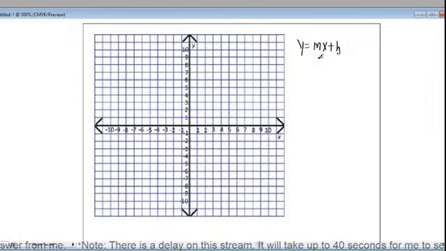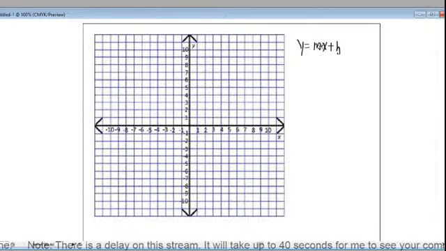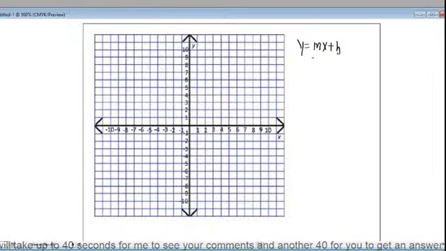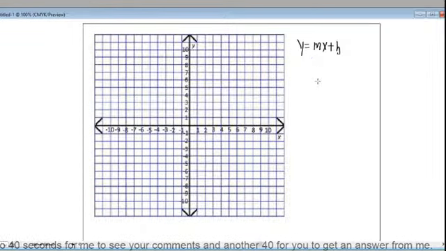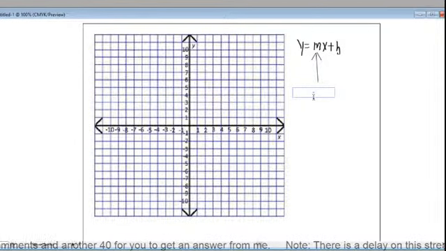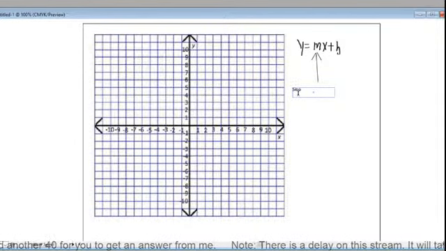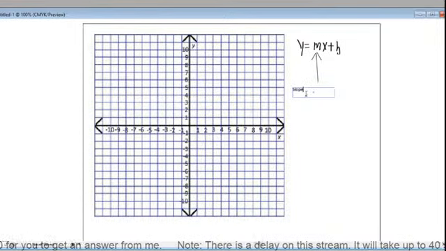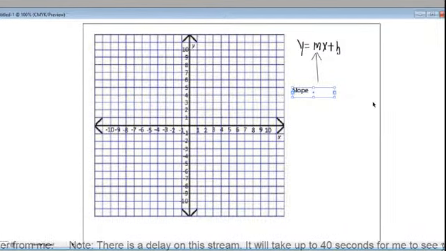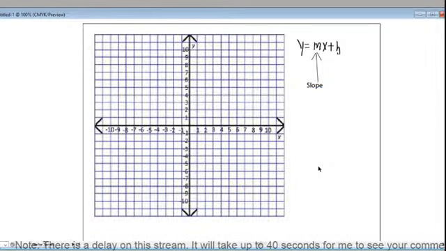Now, the nice thing about it being in this form is that m and b tell us two very important things. So m is our slope.